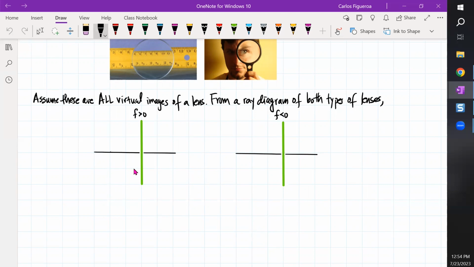So let's say that in this case, we're going to call that the focal point. And now I'm going to draw my object. So if my object is right here, and I have my focal point right here, then my first ray is going to go parallel and then through the focal point.